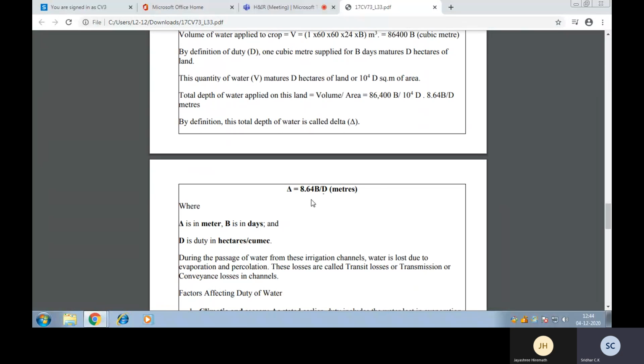So delta is equal to 8.64 B by D, where D is the duty in hectares per cubic meter per second, B is the base period in days, and delta is in meters.